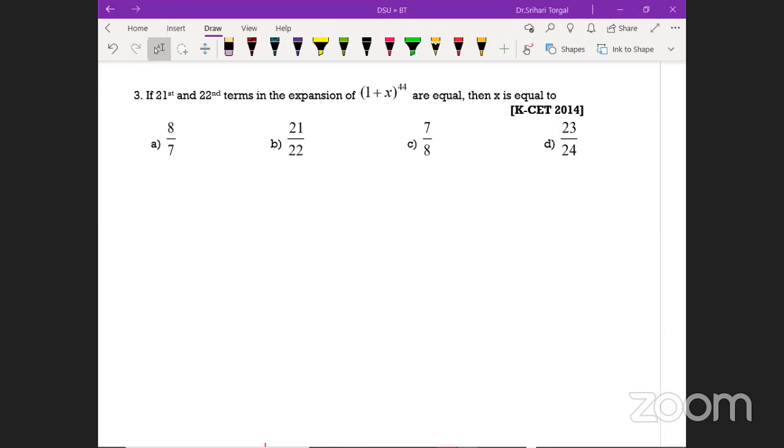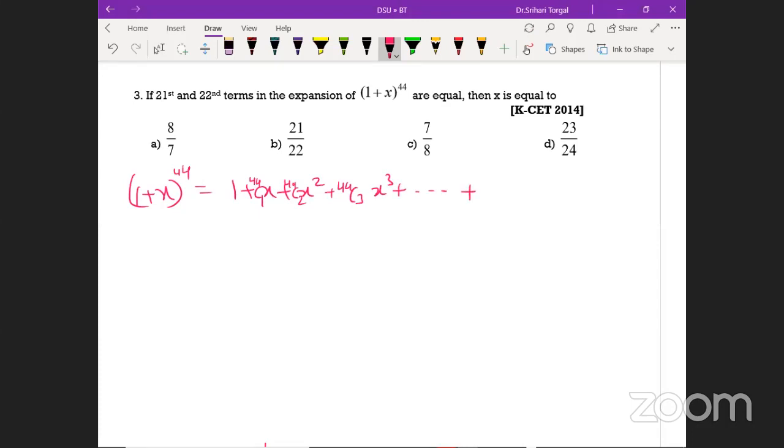Many of them are answering that it is 7 by 8. Let me check. Okay, the 21st and 22nd terms in the expansion of (1 + x)^44. Let me expand this: 1 + 44c1 x + 44c2 x^2 + 44c3 x^3.